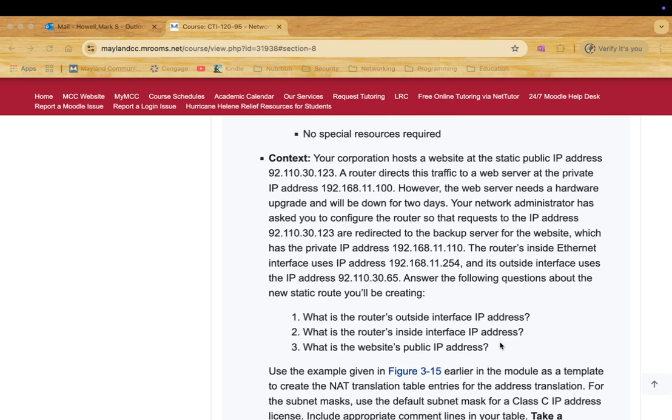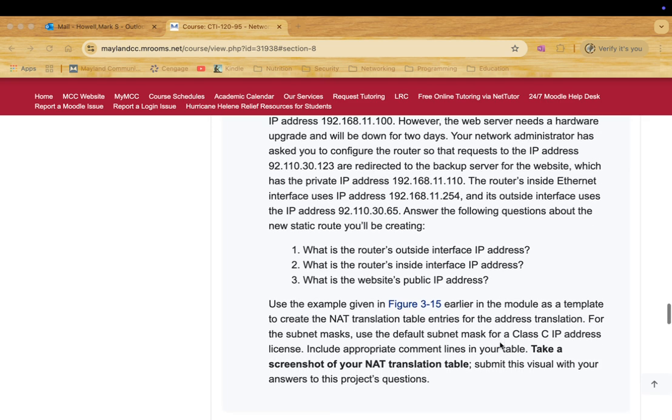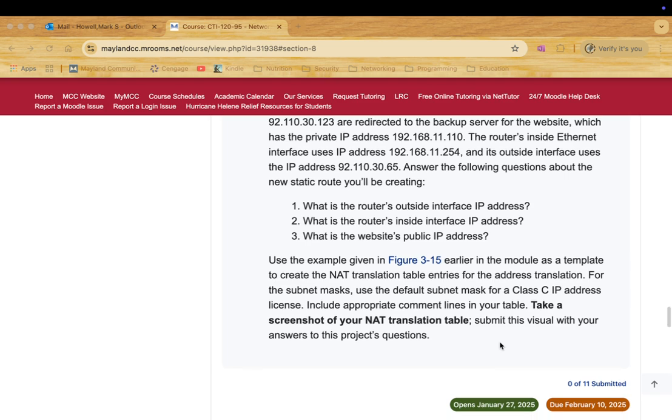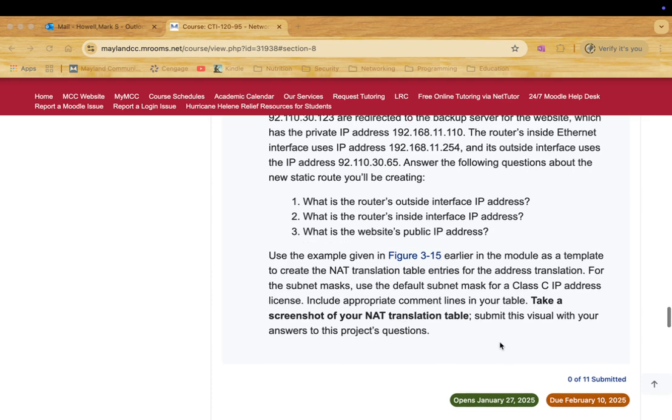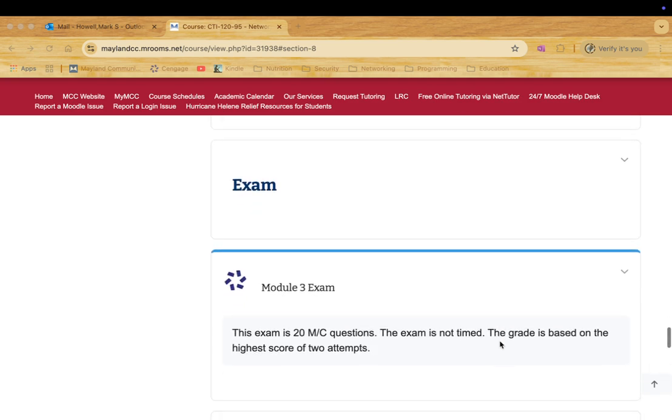So you want to pay attention to figure 315. You want to pay attention to the network address translation table. That way you'll be able to see examples of that. And of course, then you have the exam.